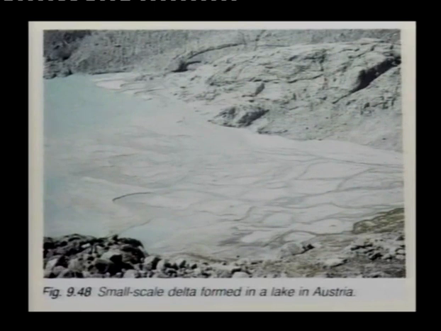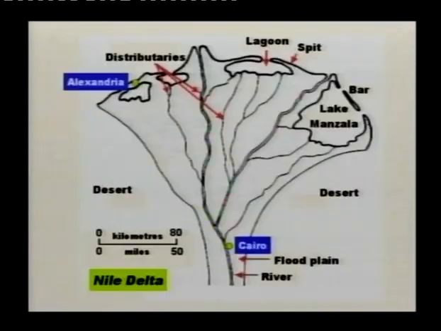So you see, deltas can be of a very large scale, and they can also be a small one depending on the amount of sediment which is deposited. The more sediment, the more area built up, the larger the delta. The less sediment, the smaller the built up area, then the smaller the delta is going to be.